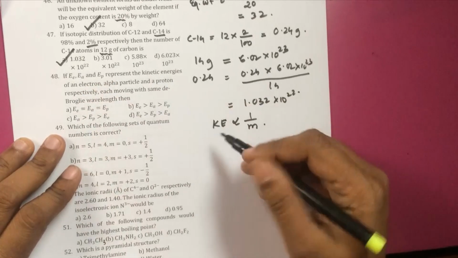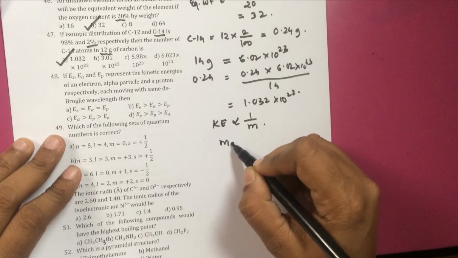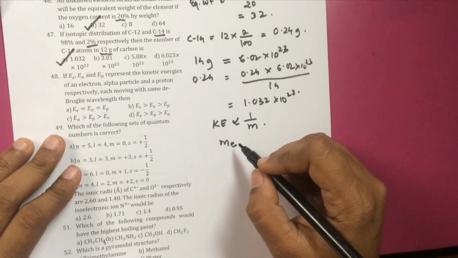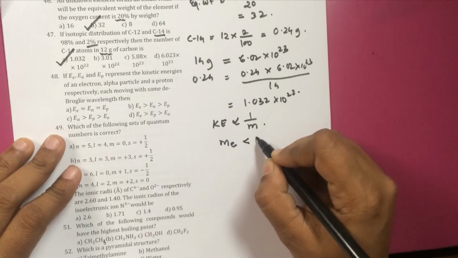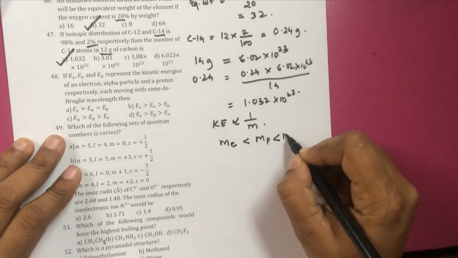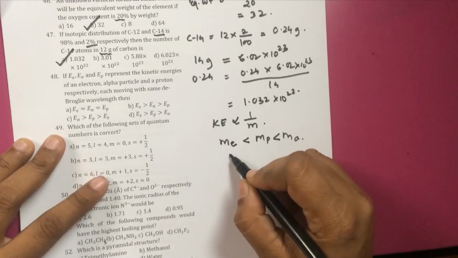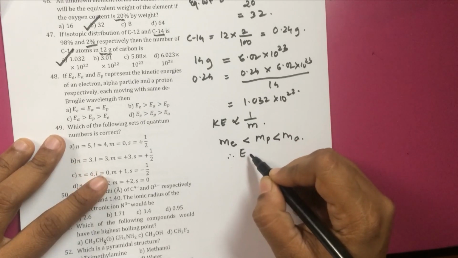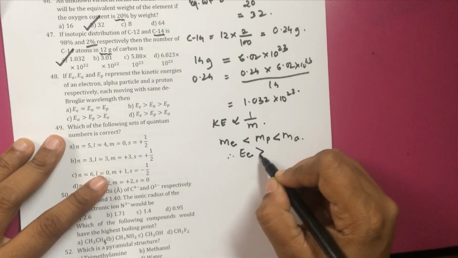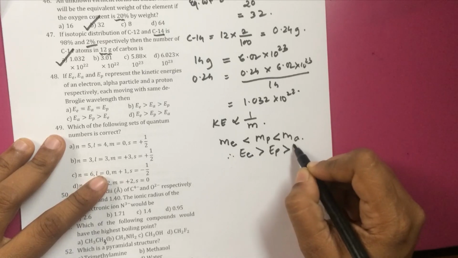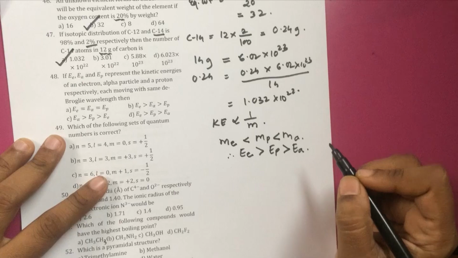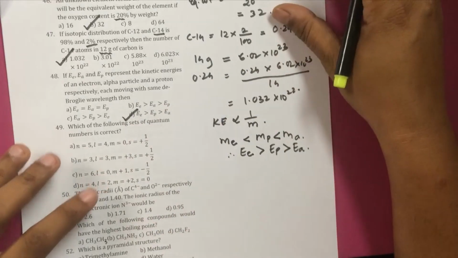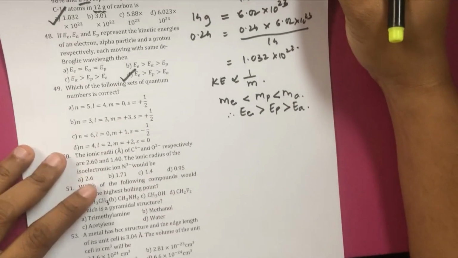Among the three particles, the mass of the electron is the least, then the proton, and the highest is of the alpha particle. Therefore the energy will be highest for the electron, then for the proton, and then for the alpha particle. Therefore option D.